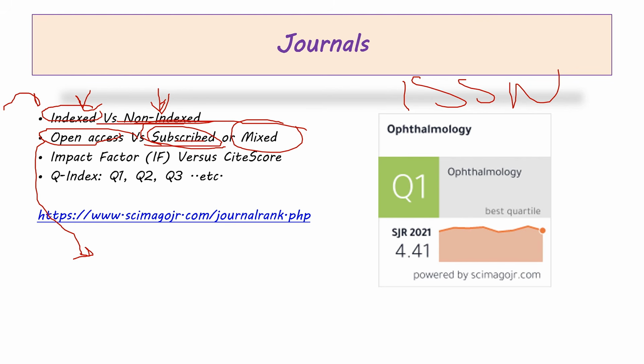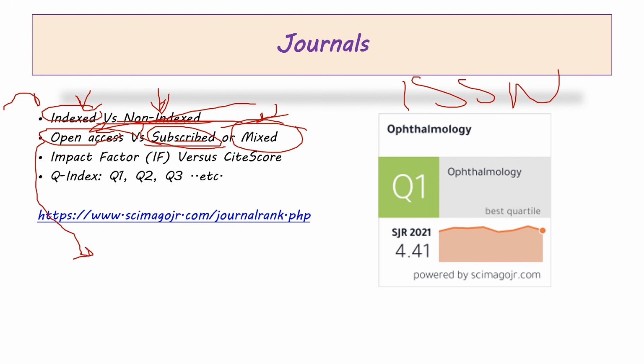They can just read the title and abstract. However, with an institutional agreement, you can download the full text of these papers. But the main benefit is that you don't need to pay any charges for these journals. They will publish it for you for free. Or mixed journals: these have two options for you, to publish as open access or publish as subscribed.